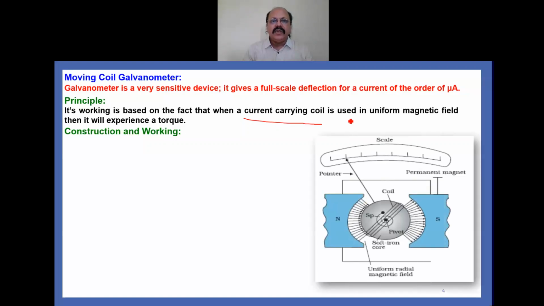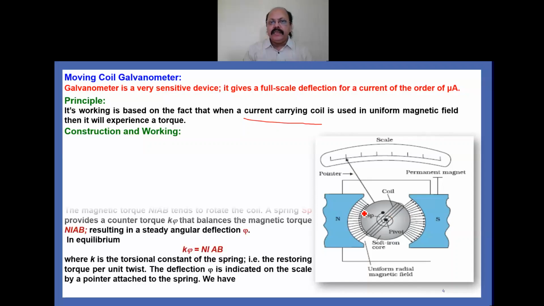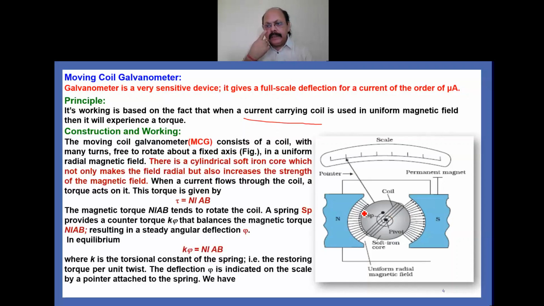Now, what are its construction and working? You can see that this is the inside of the moving coil galvanometer. So you must understand. This moving coil galvanometer, which we also call MCG, consists of a coil.